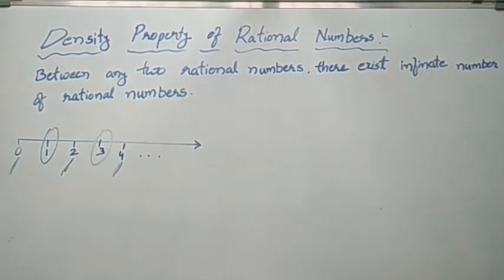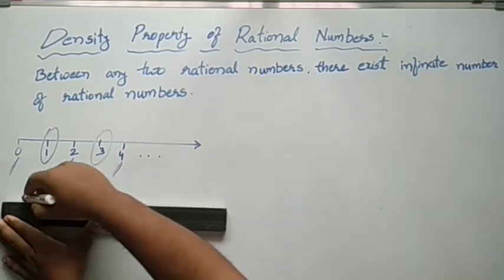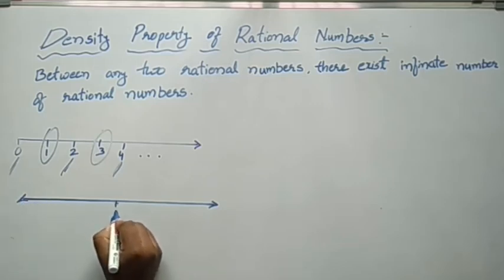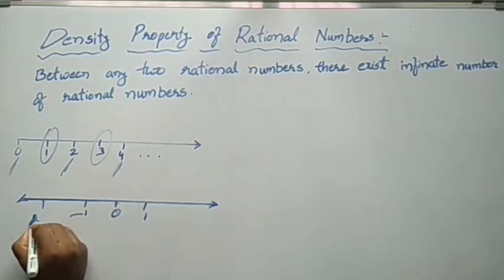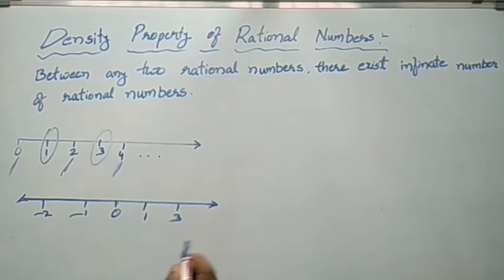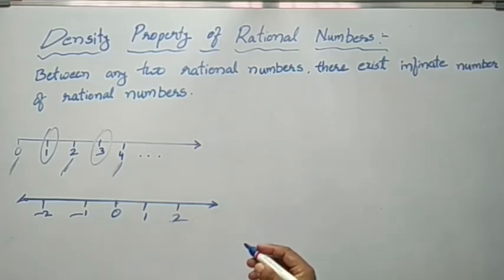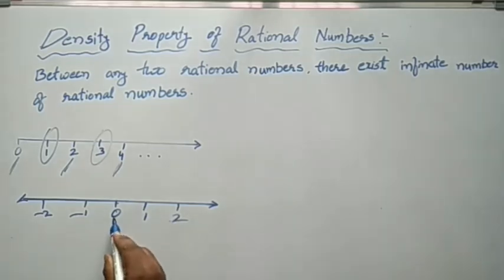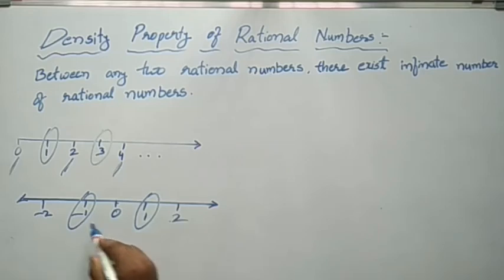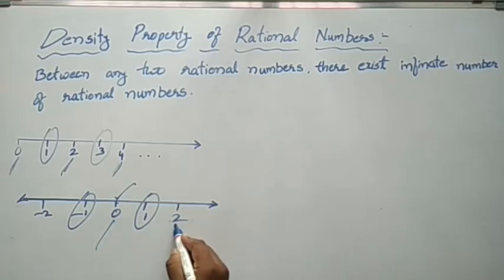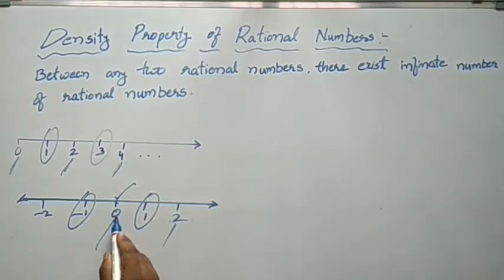If we take integers, 0 1 2 on this side, minus 1 minus 2. Suppose we take in between minus 1 and positive 1, 0 exists; in between 0 and 2, plus 1 is there; in between 0 and minus 2, minus 1 is there.